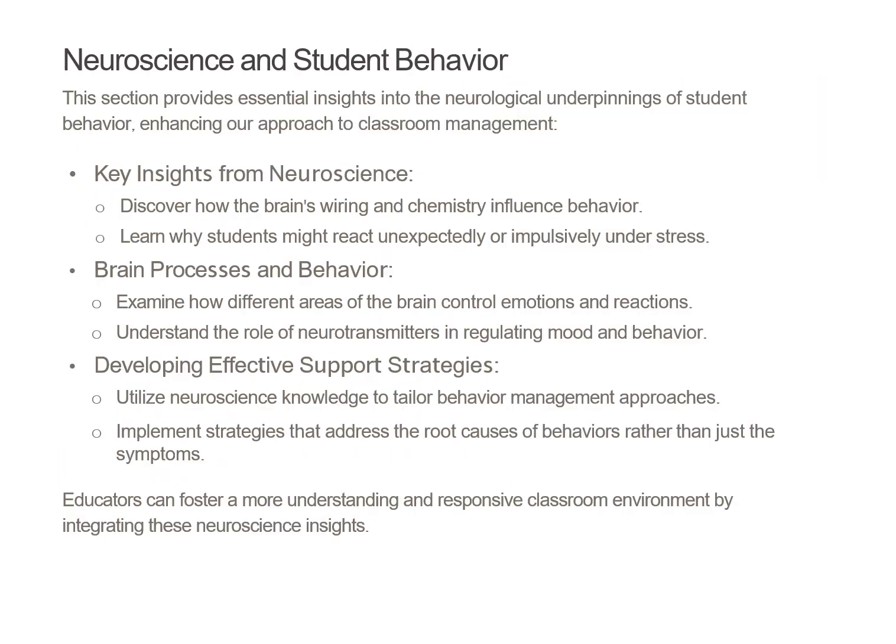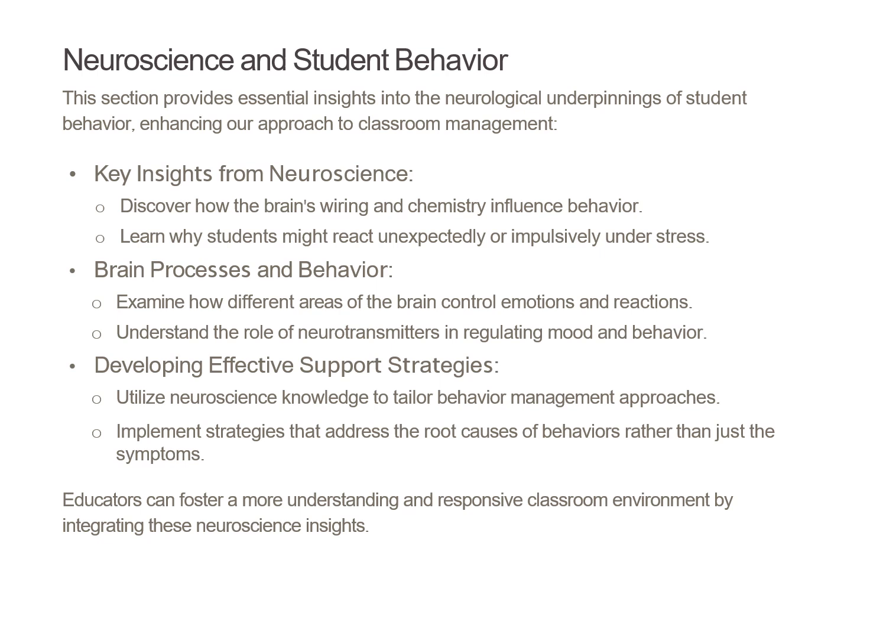In this portion of our session, we will explore the fascinating world of neuroscience to uncover how it underpins student behavior and influences our classroom management techniques. First, let's explore the intricate wiring and chemistry of the brain.